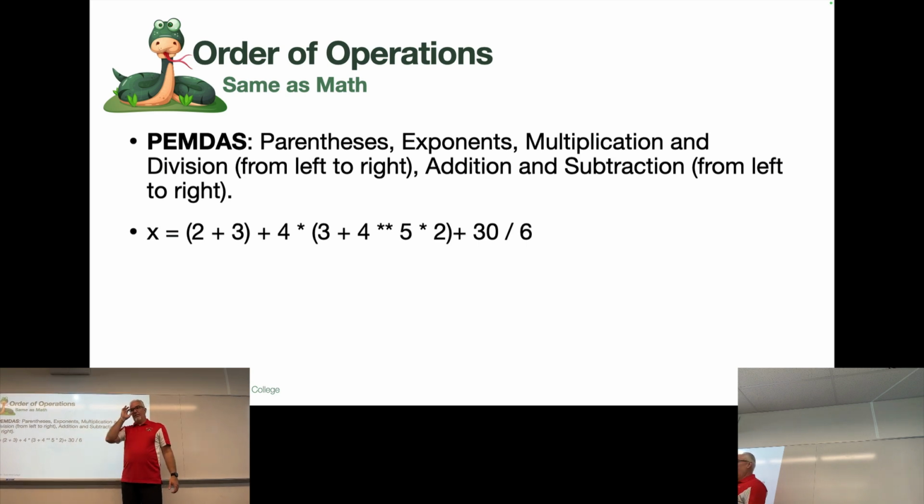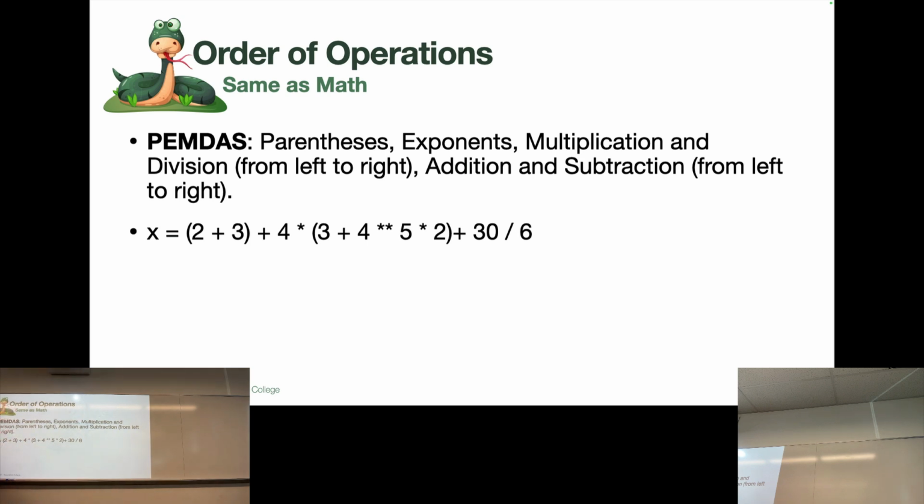But here are a couple of cheat codes for you, okay? First thing, use parentheses to your advantage to control which calculations get done first. So in other words, if I put parentheses in here, around the 3 and the 4, it would force that, because parentheses come first, to be calculated before this.